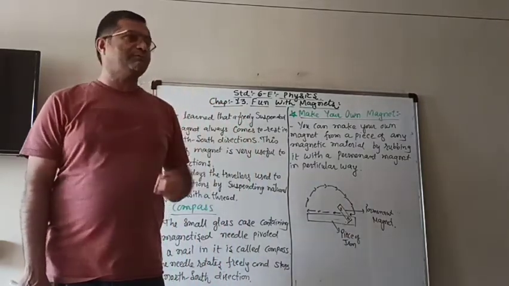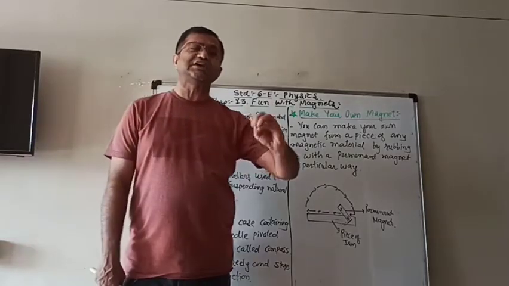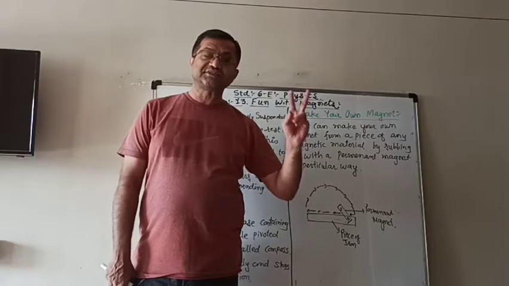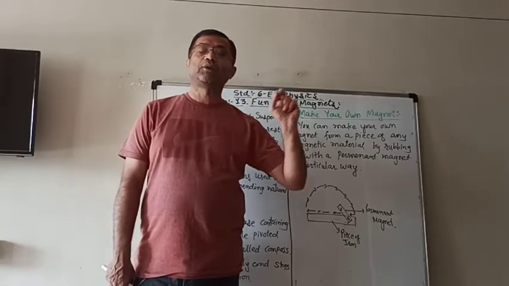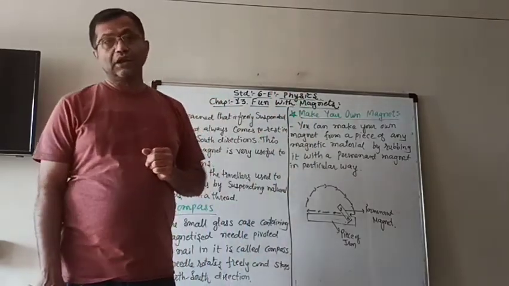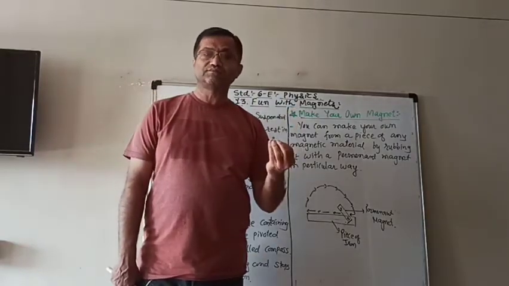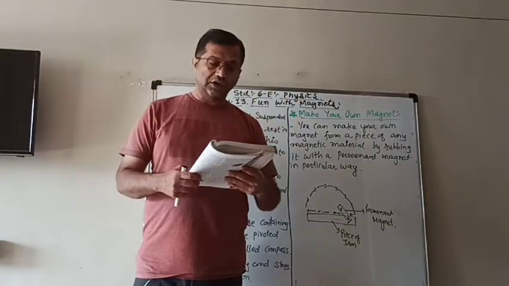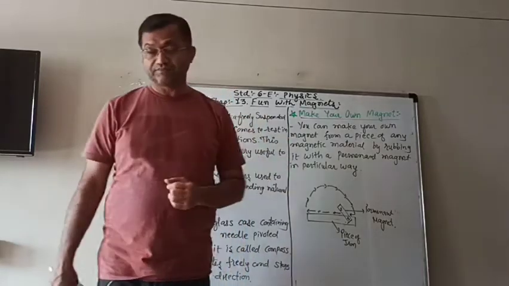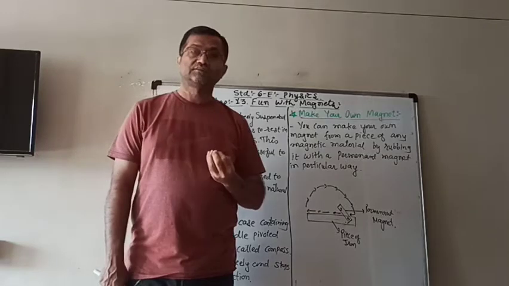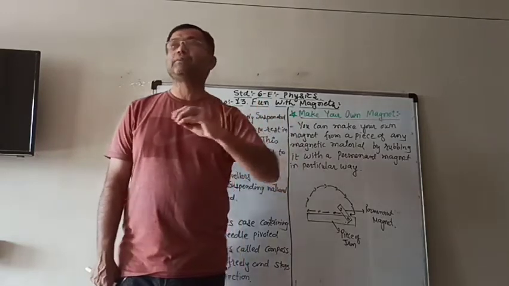All types of magnets, no matter which shape, have two poles. We already learned that they are known as the north pole or north seeking end, and the south pole or south seeking end.